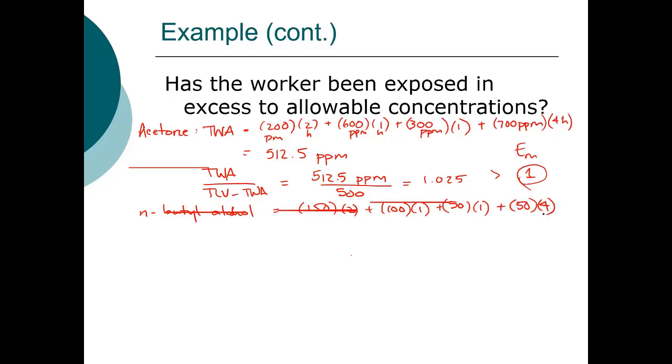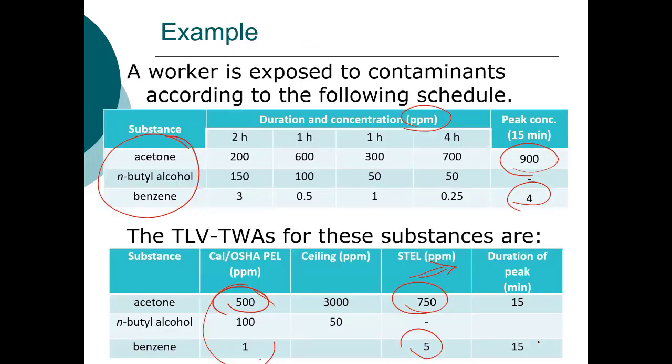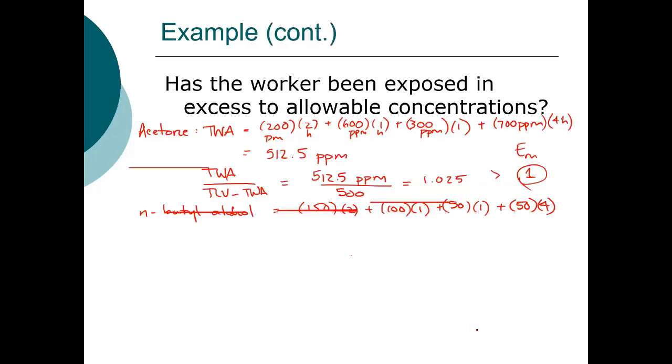Again, these values are coming right off of this table. We'll divide that, and I forgot to divide it here by 8. So we needed to divide that by 8. We'll divide this by 8 hours, and this is 0.8125.